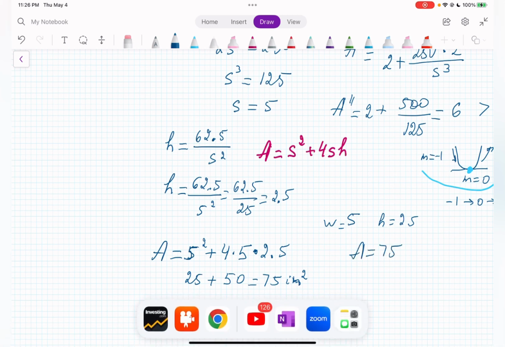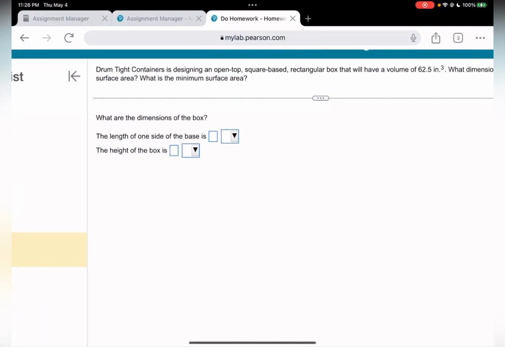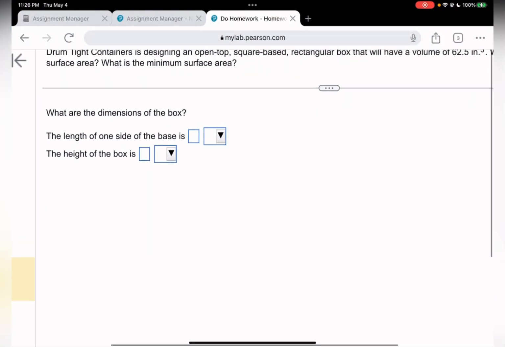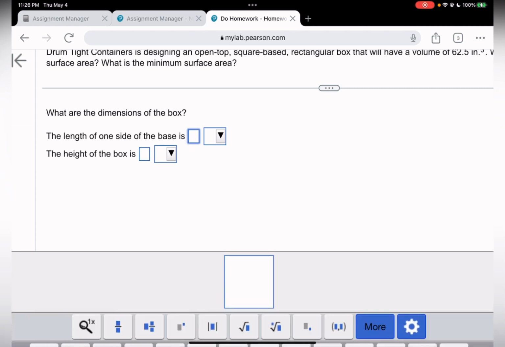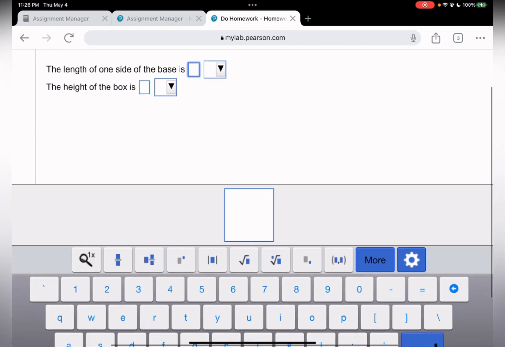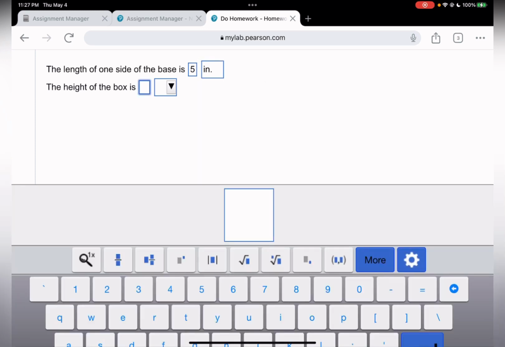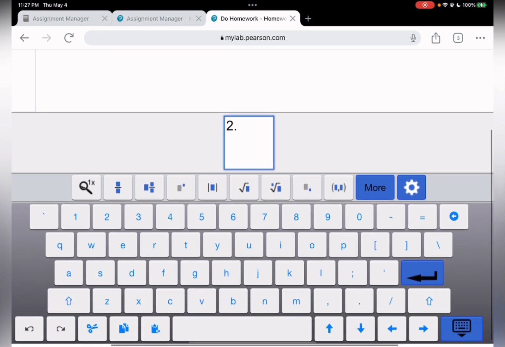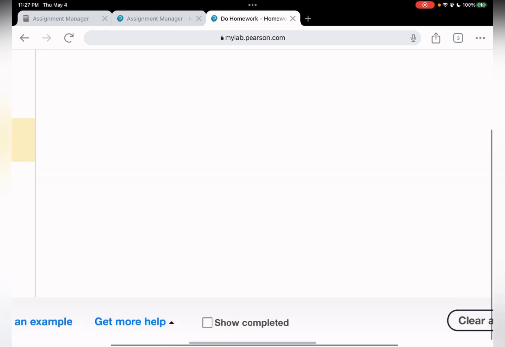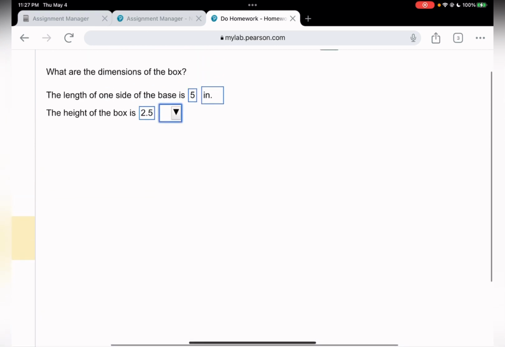Let's place the answer. What we need: the length of one side, yes, it was 5, and this is inch. The height was 2.5, and here is inch.